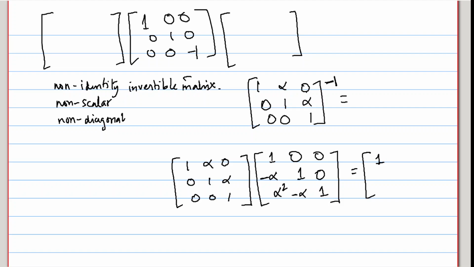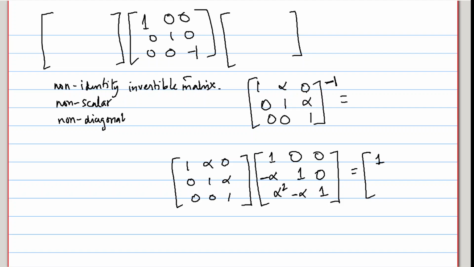What will this of alpha be? 1 minus 0, no, 0 minus 0. I think that is the adjoint, the cofactor we are finding. Yeah, we have to take the transpose of that.